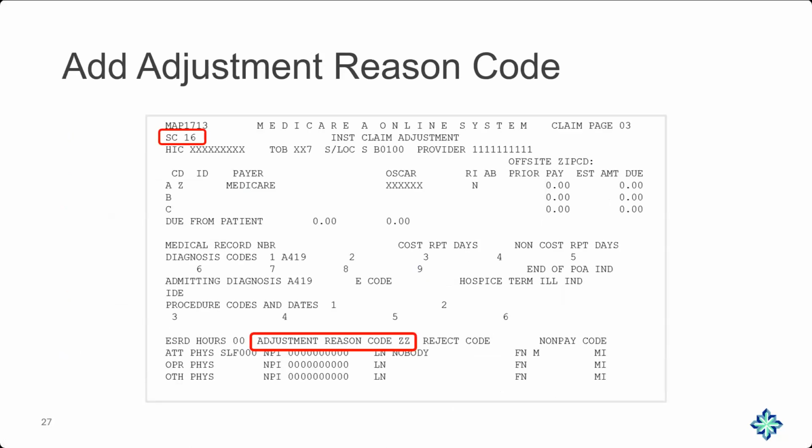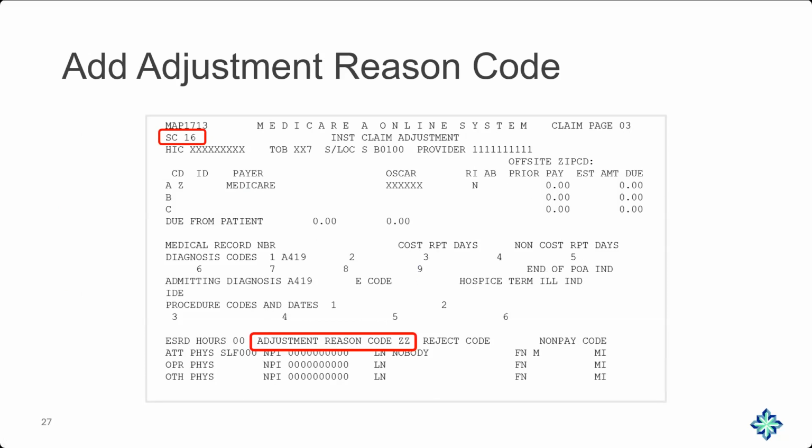So the next step then is to add an adjustment reason code. You're also going to need one of these, and it's placed on page 3 of the claim, the screenshot that I have here. You can see that it's claim page 3, and it goes right down here, adjustment reason code. This is kind of a secondary code.